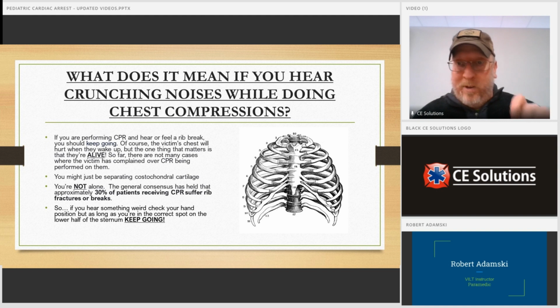Because remember, what did we say? You need to minimize your interruptions to chest compressions to 10 seconds or less. And 80% of your time on scene, somebody should be doing effective chest compressions. You want that 80% CCF or chest compression fraction. That's going to give you the best chance at getting ROSC, people.